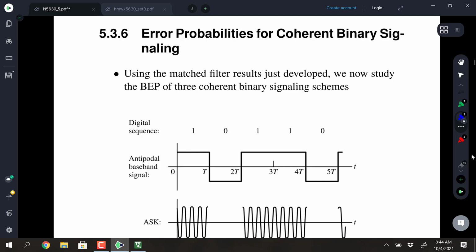So we're going to start with the coherent binary signaling. Those are the three types that were defined at the start of this, before we even got into the matched filter: amplitude shift keying, phase shift keying, and frequency shift keying.